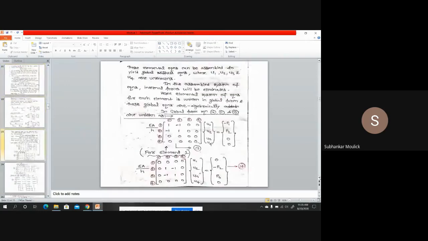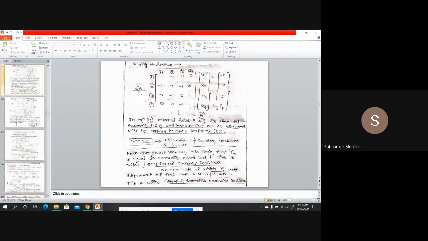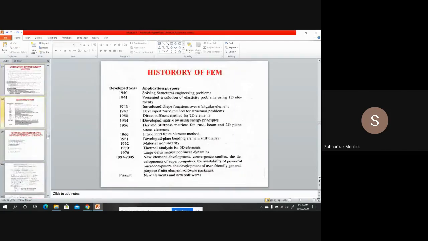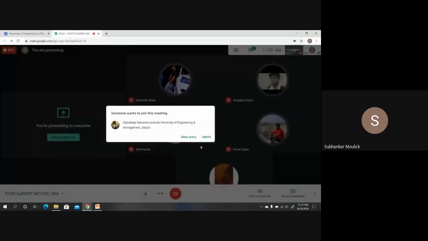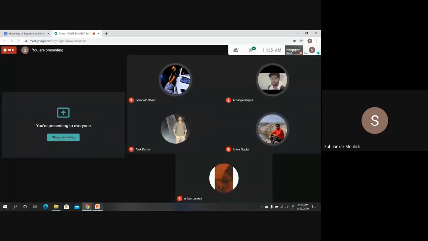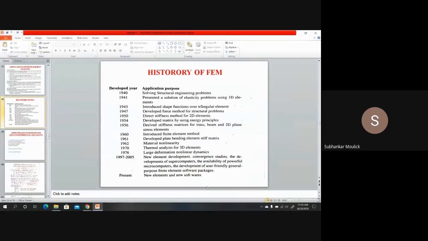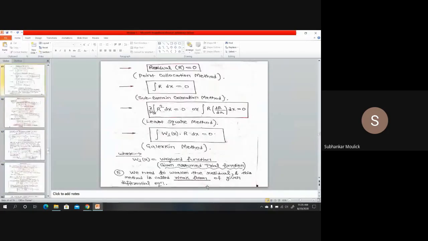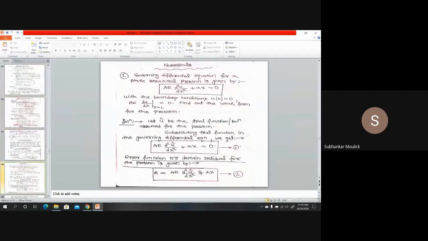So let me give you a brief summary of what we did in the last class. In the last class, we started solving problems related to weighted residual method, and the very first problem which we discussed was the conversion of a strong form of a given differential equation into a weak form.